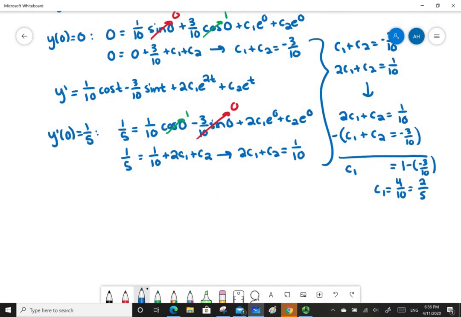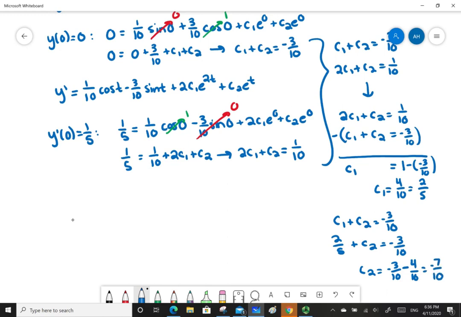Now I can use the first equation to solve for c2. 2/5 plus c2 equals negative 3/10. So c2 equals negative 3/10 minus 4/10, which equals negative 7/10.